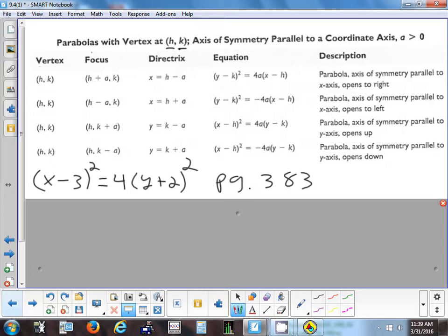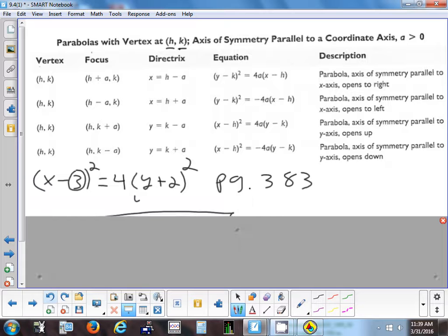In this case, I just thought a would be 1. All right, so in this case, you're okay. Number after the minus sign, h is 3. K is not 2. K would be what? Negative 2. So if it helps, think of it as y minus minus 2. It's the number after the minus sign. That's k. So just be very careful if they put a plus sign.